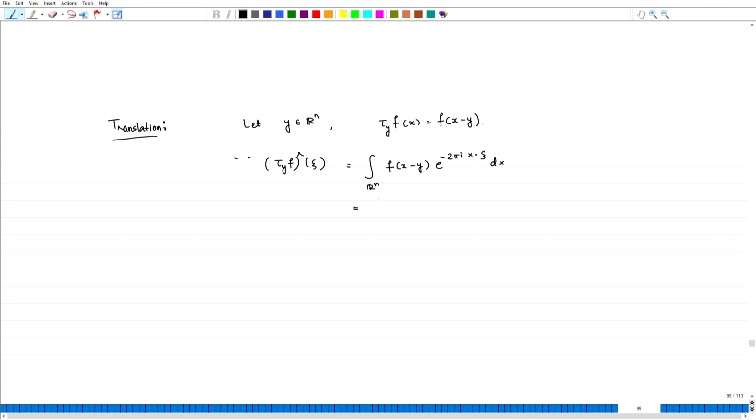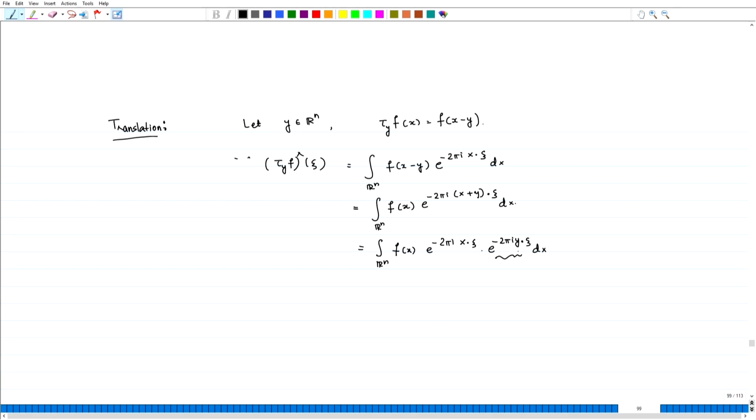Now, if I make a change of variable x going to x plus y, then this is the integral over R^n of f of x e to the power minus 2 pi i x dot xi times e to the power minus 2 pi i y dot xi dx.